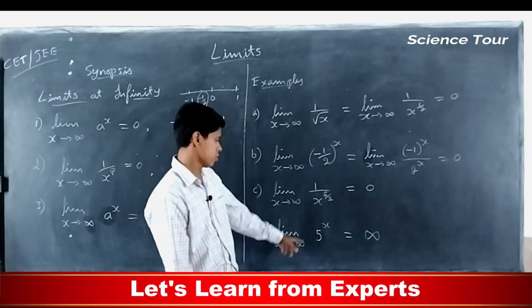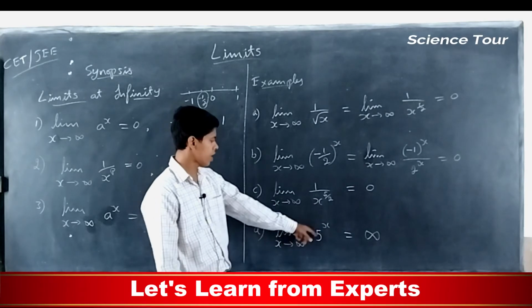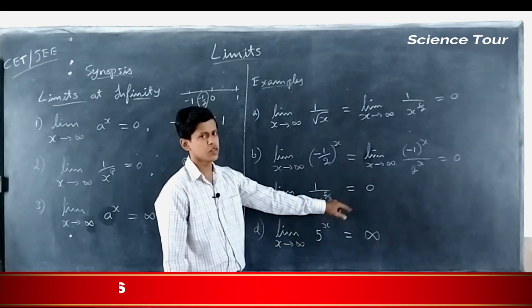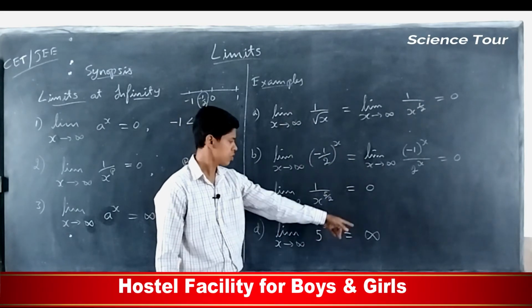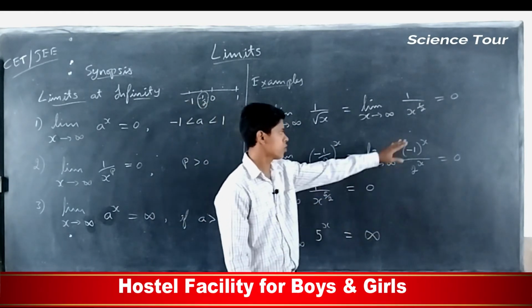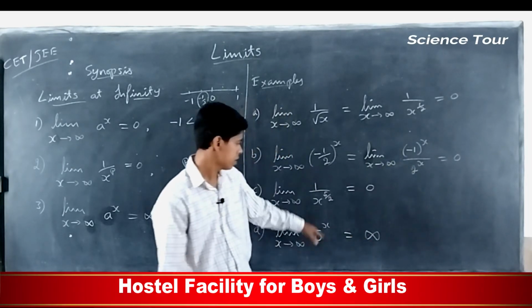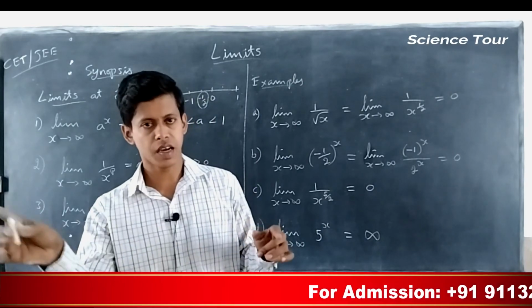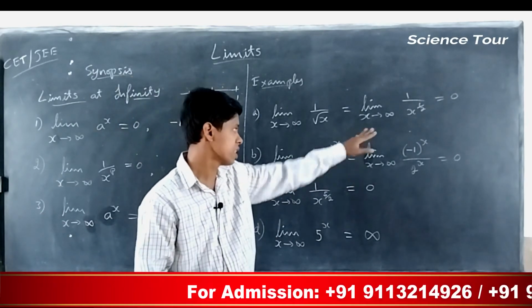Therefore the answer is 0, whereas here you have 5 raised to infinity. So 5 into 5 into 5 into 5 infinity times, so the answer will be infinity. This is like 1 by infinity, this is like 5 raised to infinity. 5 is multiplied infinite times, therefore it is infinity, and that is 0.